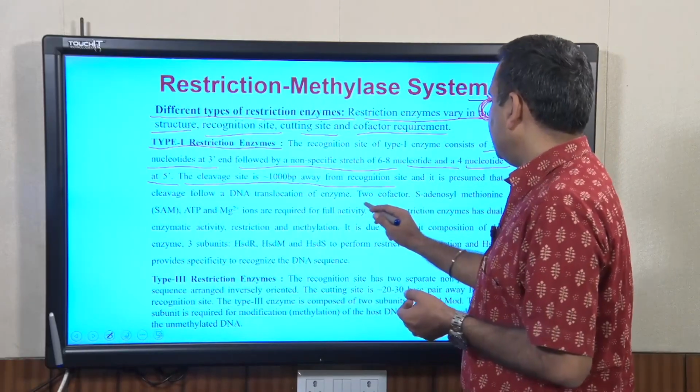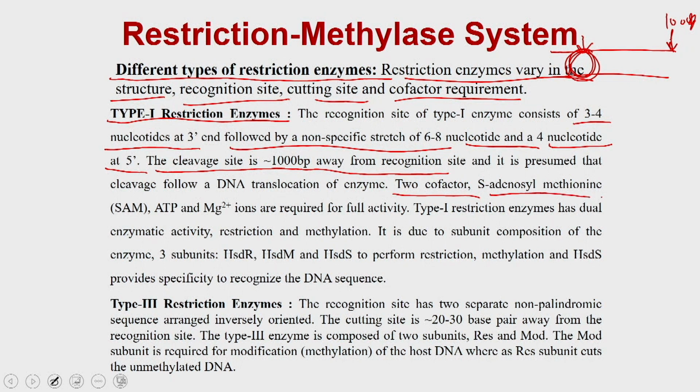They also require cofactors: S-adenosyl methionine, ATP and magnesium for their activity. Type 1 restriction enzymes have dual enzymatic activity, which means they can do restriction as well as methylation.